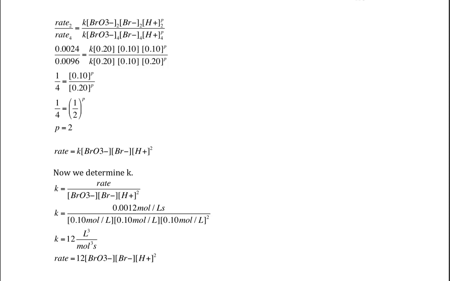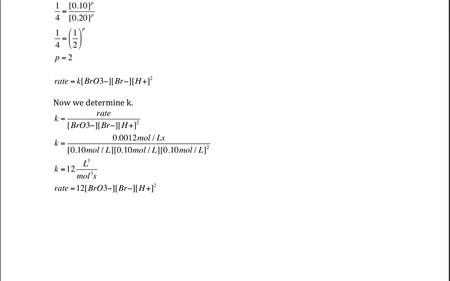We have 0.10 moles per liter, 0.10 moles per liter, 0.10 moles per liter squared, and the division gives us the value 12 and gives us the value liters cubed over moles cubed seconds. So definitely come back and go through this example and make sure that numbers, units, everything works out.